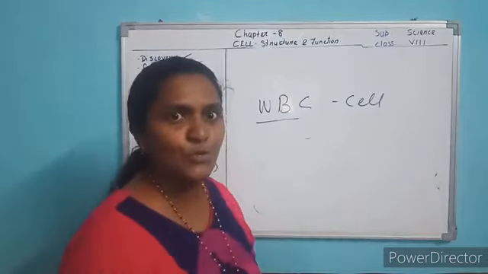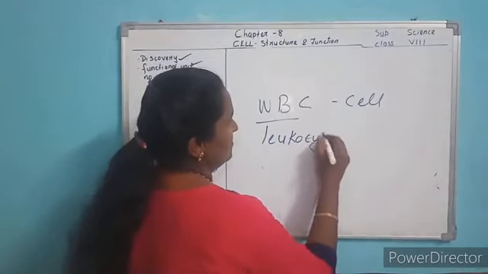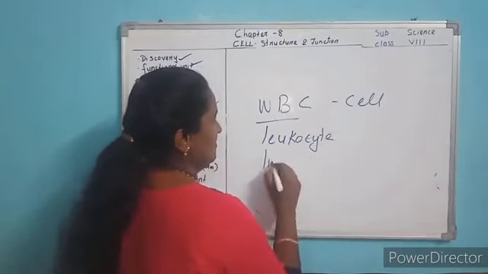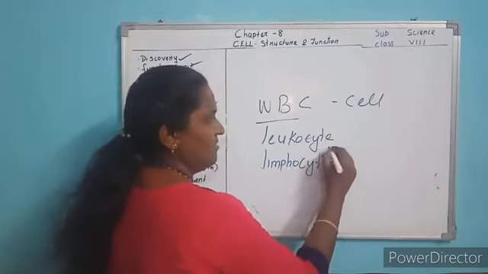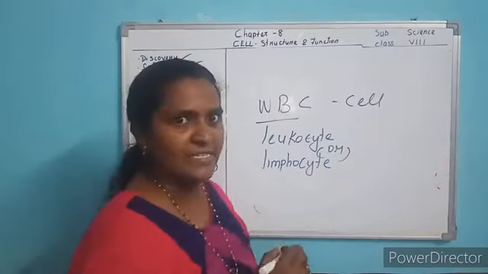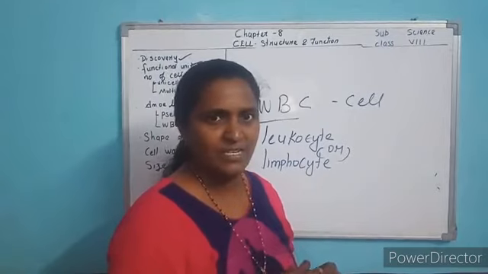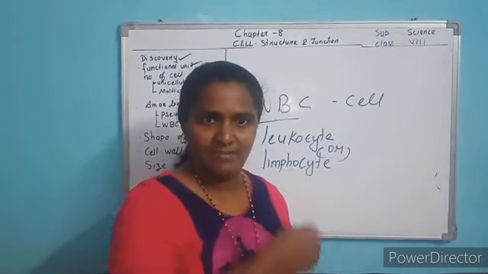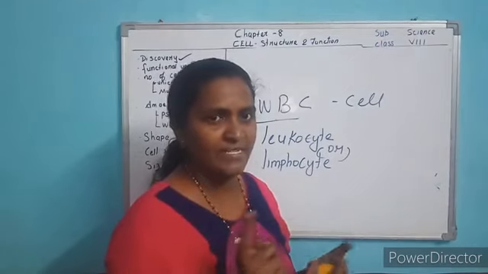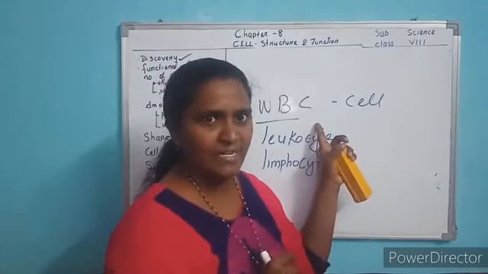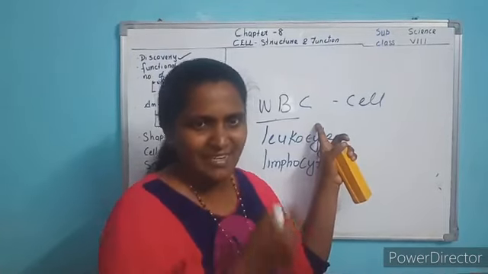The other name is leukocyte or lymphocyte. It is a cell in our body. Every part of the body has it, mainly inside the blood capillary. It is a component of blood: RBC, red blood cell, WBC, platelets and all. It circulates in our body inside the blood vessel.